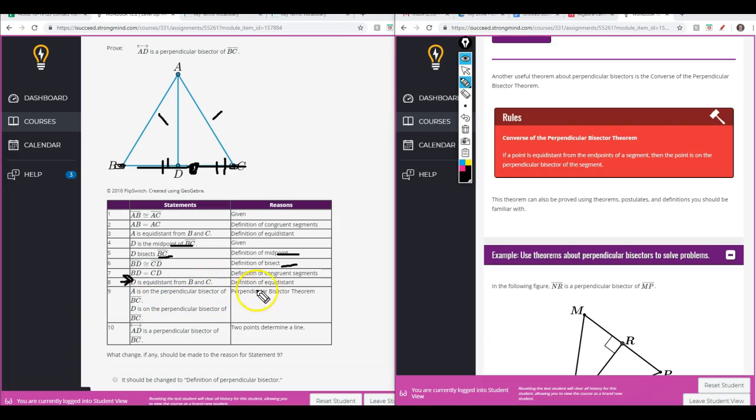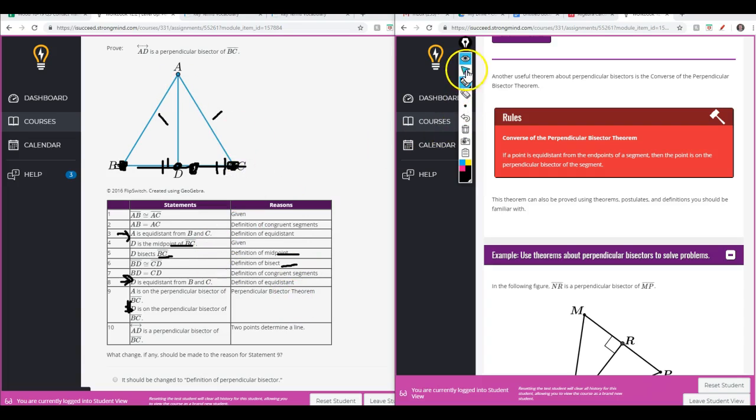So this is actually the converse of the perpendicular bisector theorem because they stated that the endpoints were equidistant from our point D, and again, so that proves this one, the converse of it, and point A is established right here as equidistant from our two endpoints B and C as well.